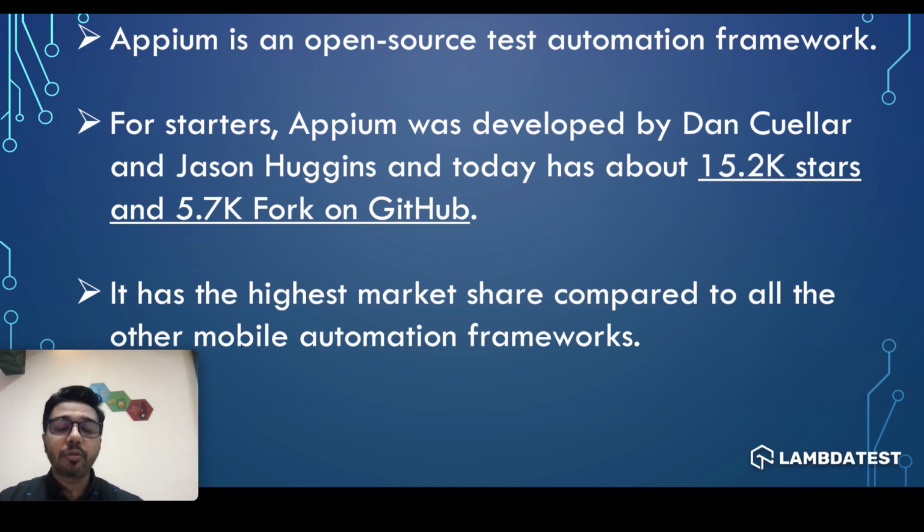test scenarios using any automation scripts, we need a framework or a tool which will help us interact with the mobile elements, right? What do we mean by that? For example, you have an application called LinkedIn.